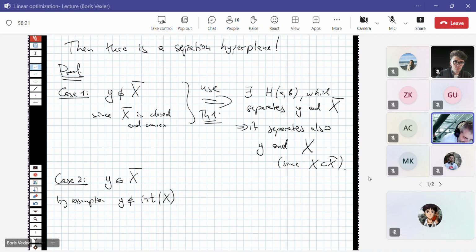And here we can use one of the items in our previous lemma, that the interior of X is the same as the interior of X bar, by previous lemma, since X is convex and not empty.